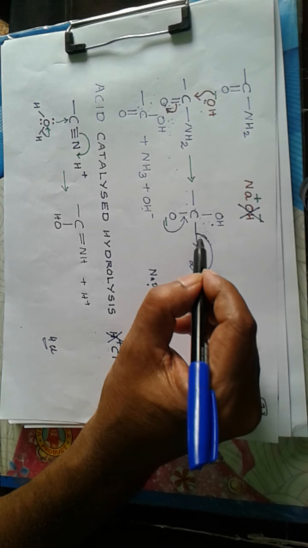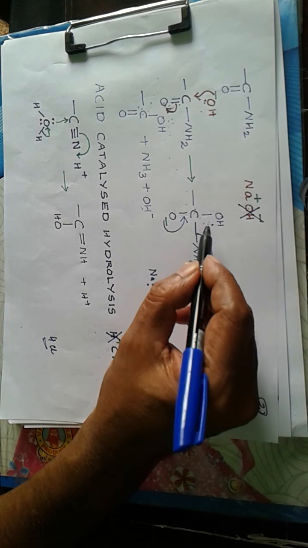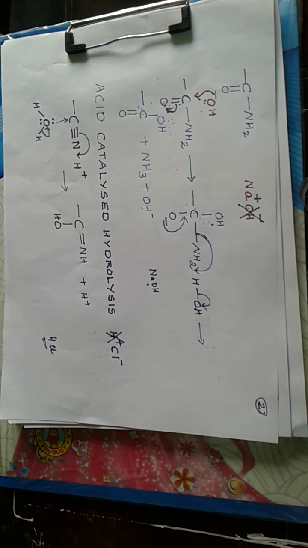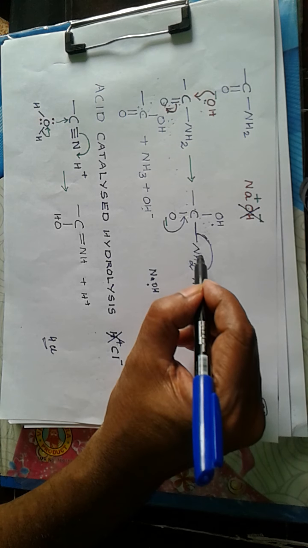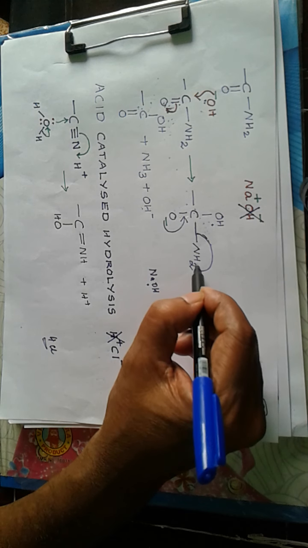Now this structure, being unstable due to these groups possessing lone pairs, will try to remove a group, which is somewhat bulkier, the NH2 group.